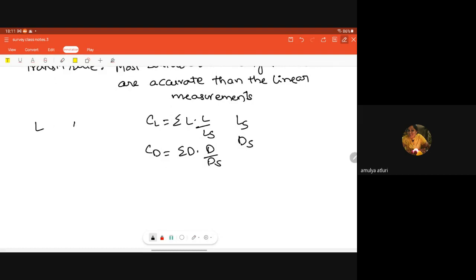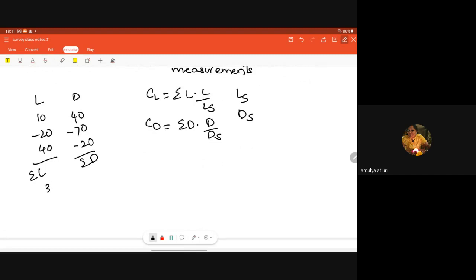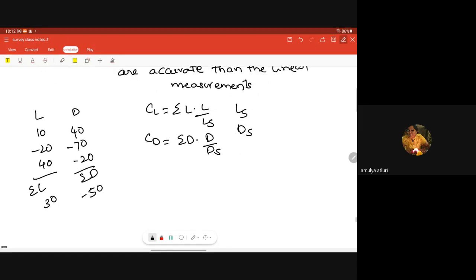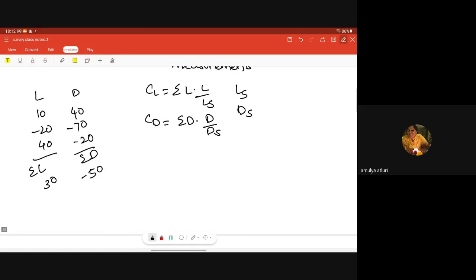So let's suppose I have given L and D as these values, and they are asking me to calculate CL. So how do I do? First thing is I will calculate sigma L and sigma D. It is 30 and this is minus 50. What is LS?